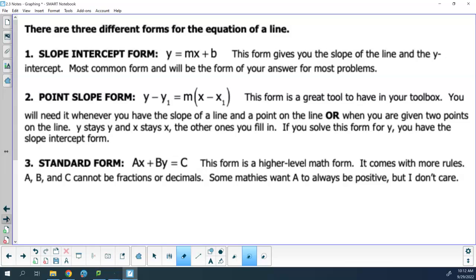If you have a point and the slope, or if you have 2 points, you can use it to find the equation of the line.